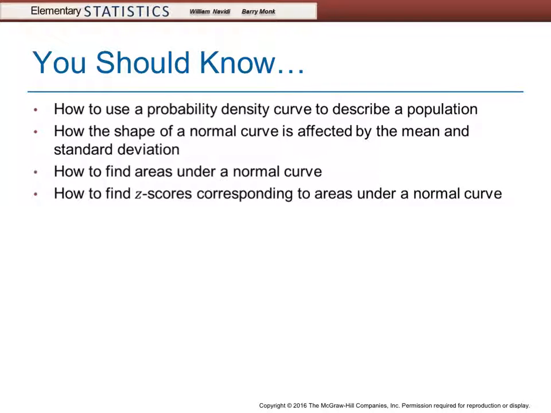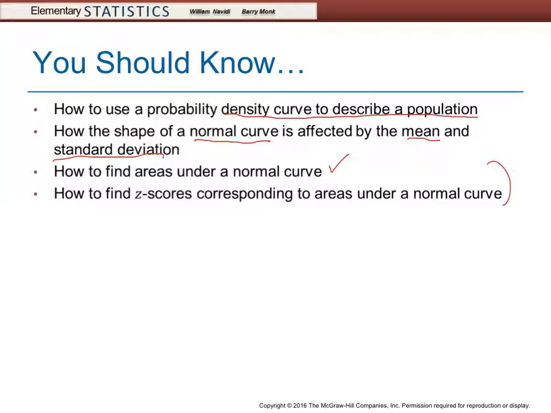So again, in this chapter, we know how to use the probability density curve to describe a population. We know the shape of a normal curve, and it's affected by the mean and standard deviation. And we found areas under a standard normal curve, and we found z-scores corresponding to areas under a standard normal curve.